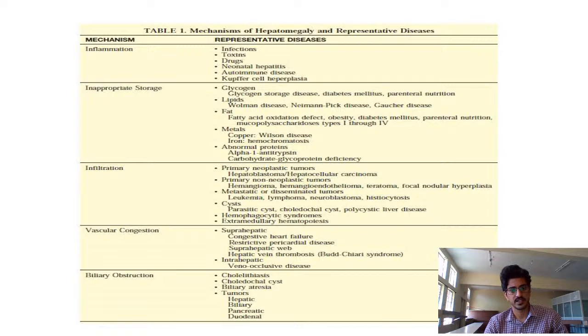In case of infiltration, it can be because of primary neoplastic tumors or non-neoplastic tumors like hemangioma, hemangioendothelioma, teratoma, focal nodular hyperplasia, and in case of cysts like parasitic cyst or choledochal cyst, and extramedullary hematopoiesis, which you can see in beta thalassemia.